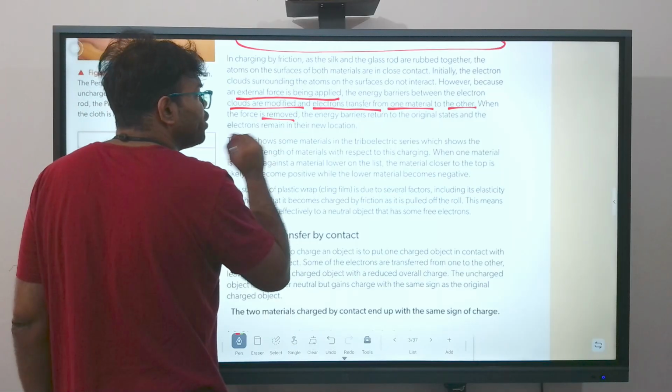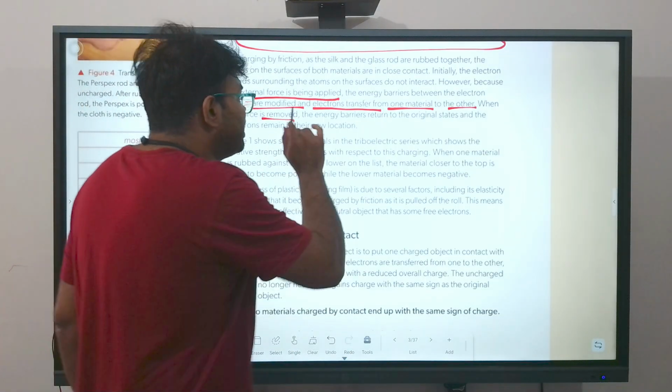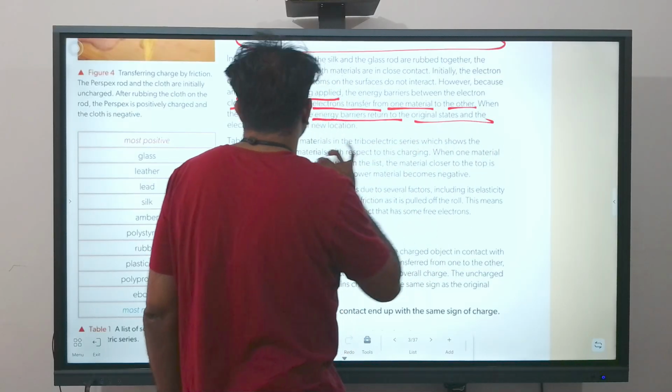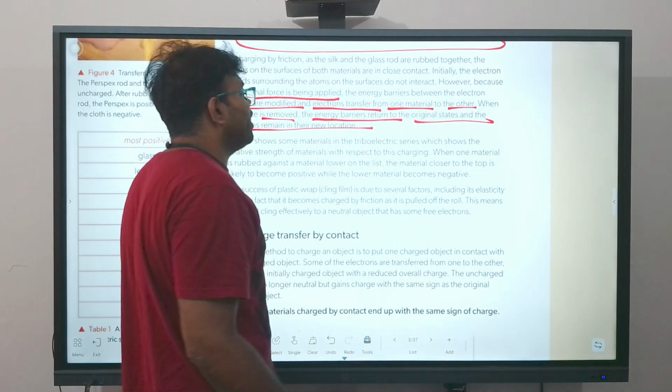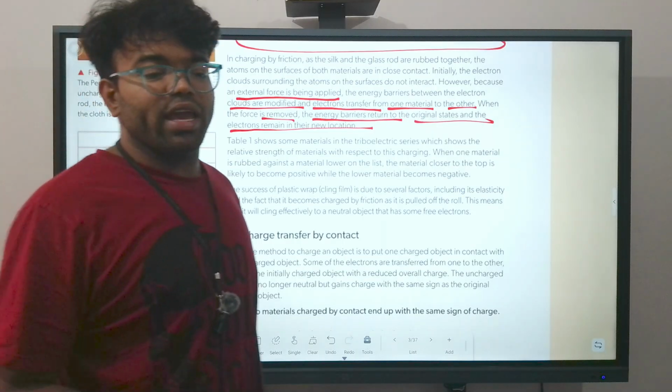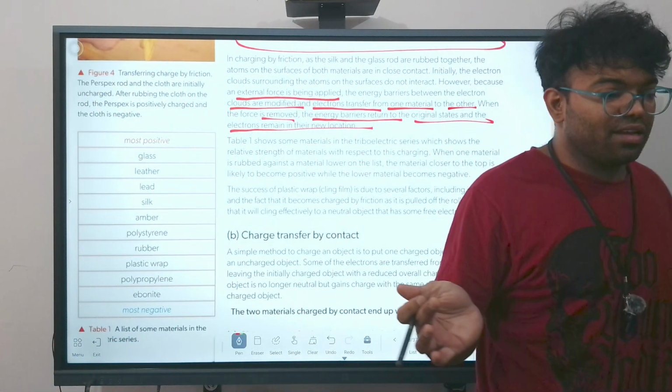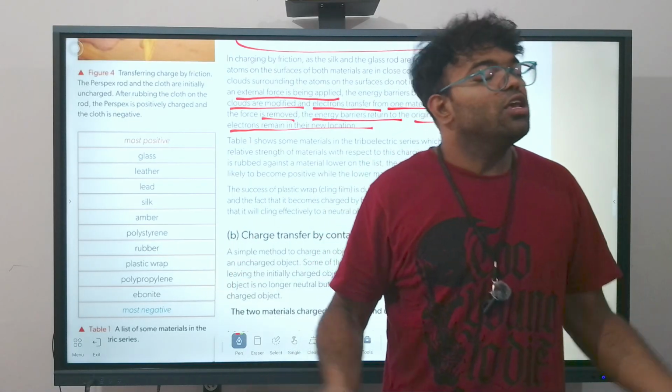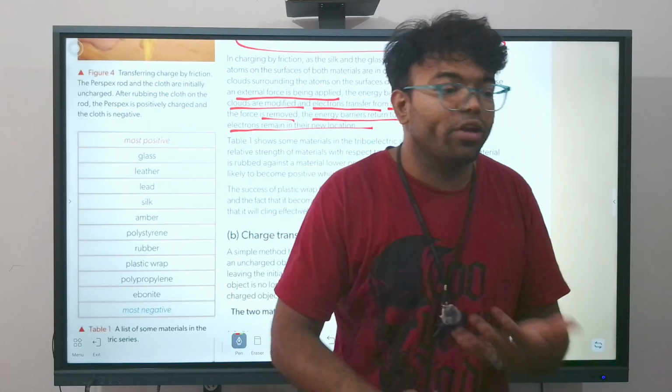When the force is removed, what happens? The energy barriers return to their original state, and the electrons remain in their new location. Once the rubbing is done, you are no longer providing any more energy.